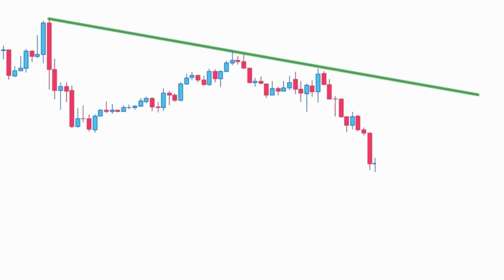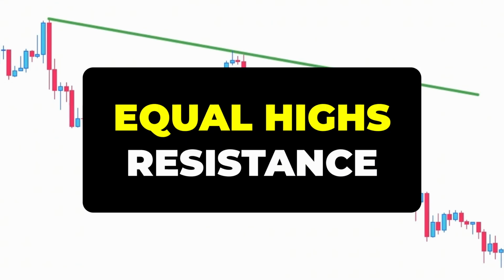In this form, the price respects this trend line by going below it. This trend line can only be trusted if it gets respected by the market at least 3 times. If the market does not respect it at least 3 times, then you should avoid going short from this point. And similarly, the second form is called the equal highs resistance zone.